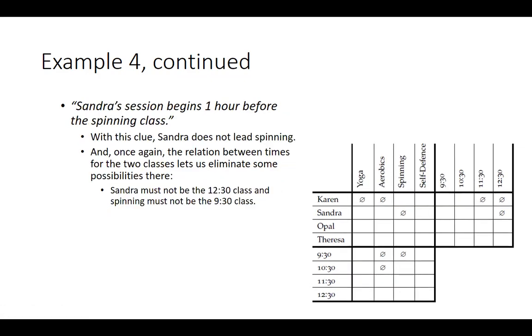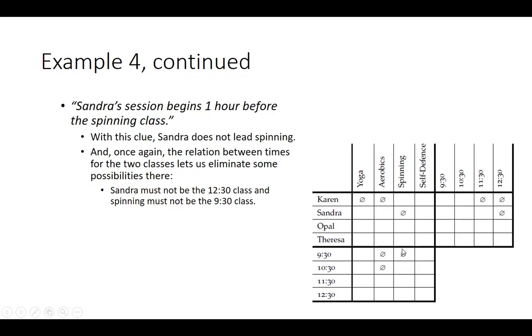Sandra's session begins 1 hour before the spinning class. So Sandra's session is not the spinning class. So a no goes for Sandra and spinning. And because Sandra's session is 1 hour before spinning, we can eliminate some times. Sandra can't be the last class because it comes before the spinning class, so Sandra can't be 12:30.